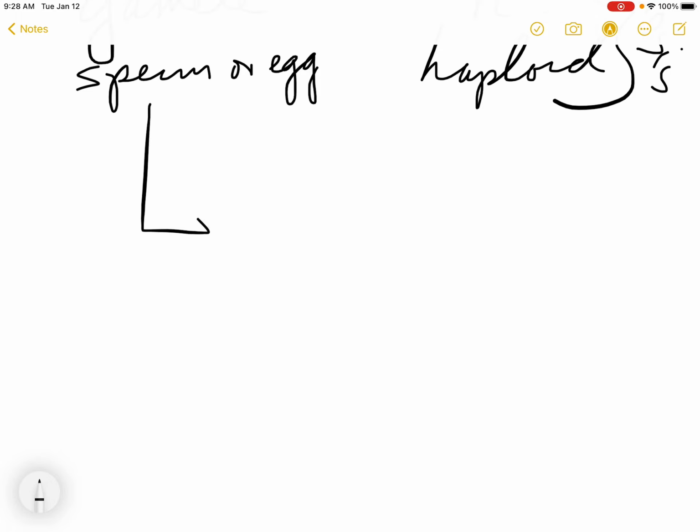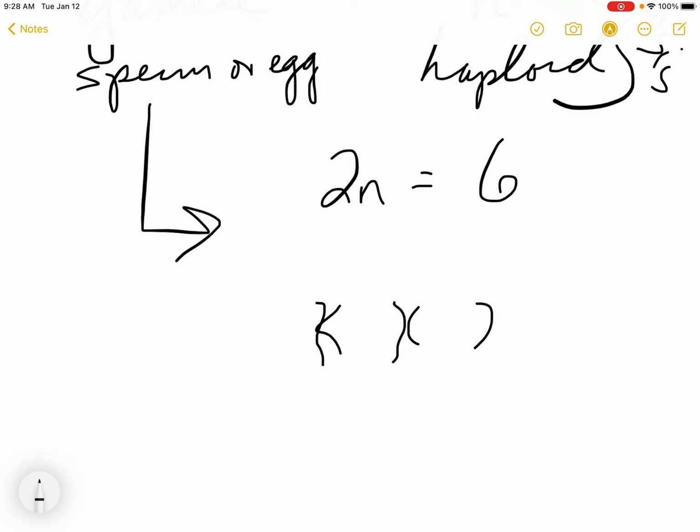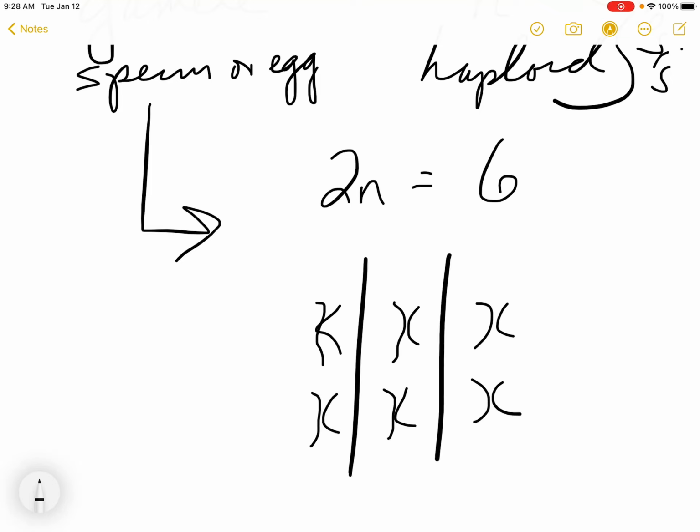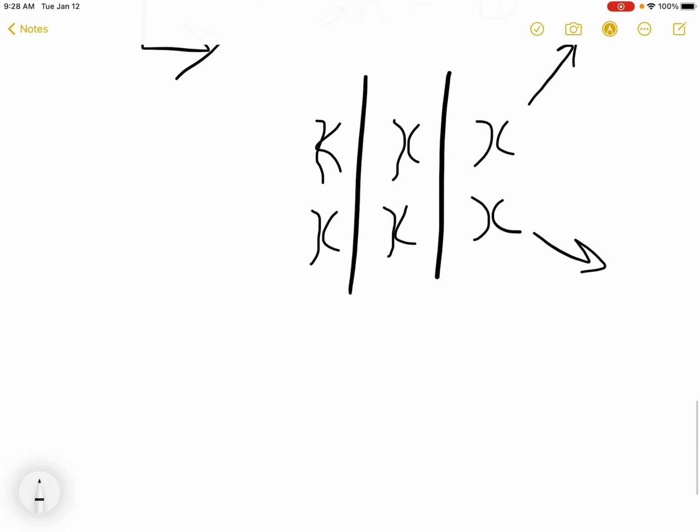So in particular, if we look at the gametes that can be formed, let's say you have a cell where the 2n number is 6 chromosomes. What you would have then is 3 homologous pairs of chromosomes. Okay, so each of these is a homologous set. And what's supposed to happen is they're supposed to separate in meiosis. Remember, the homologous pairs pull apart. But what if they don't?